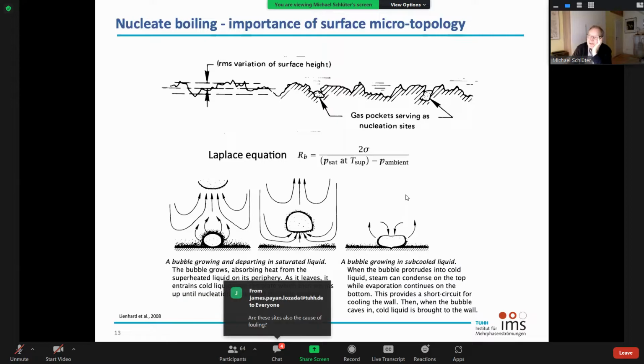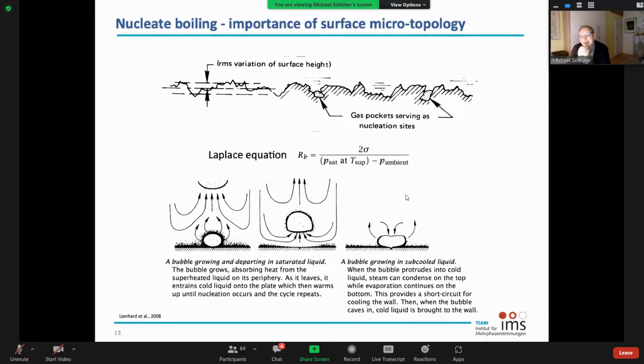Very good question. It's important for this nucleation. But usually in the heat exchanger, if you don't want to evaporate, then the roughness is more important for the friction and for the pressure drop of the pipes of the system, but not so important for heat transfer. Here we only talk about evaporation.